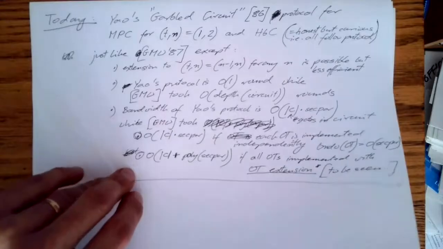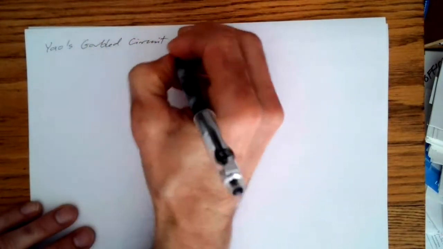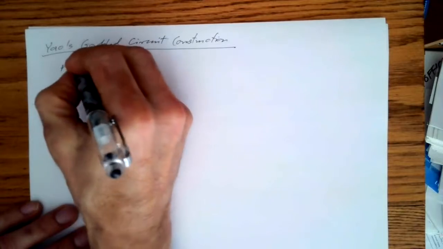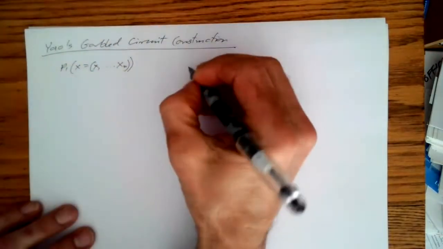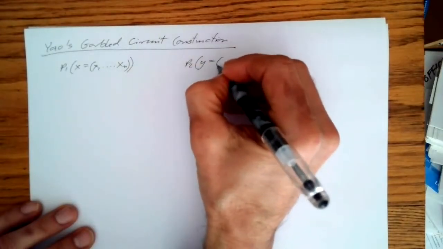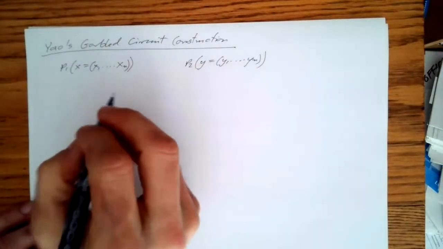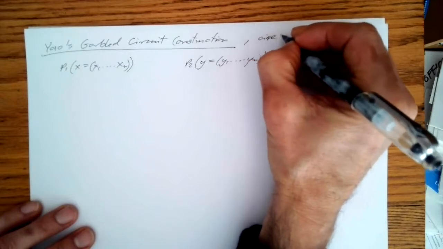Okay, let's see. Yao's garbled circuit construction. Again, we have the same setting of two players having binary inputs, and the computation is formed as a circuit.